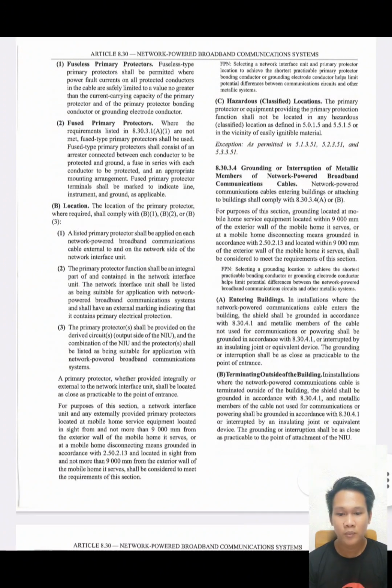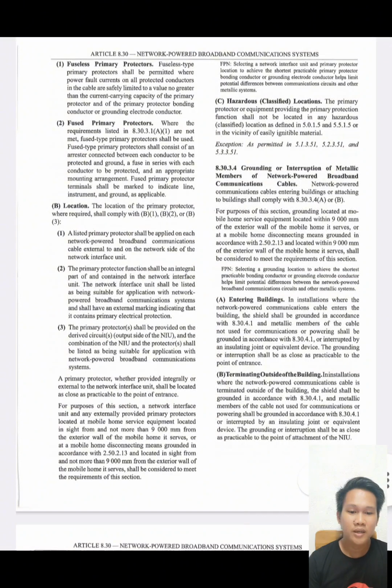For purposes of this section, a network interface unit and any externally provided primary protector located at mobile home service equipment located inside from and not more than 9,000 mm from the external wall of the mobile home it serves, or at a mobile home disconnecting means grounded in accordance with 2.50.2.13 and located inside from and not more than 9,000 mm from the exterior wall of the mobile home it serves, shall be considered to meet the requirement of this section.